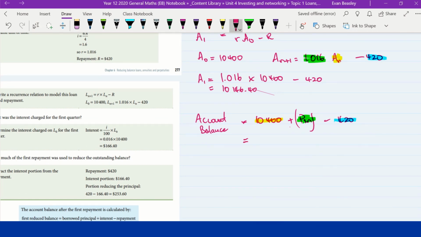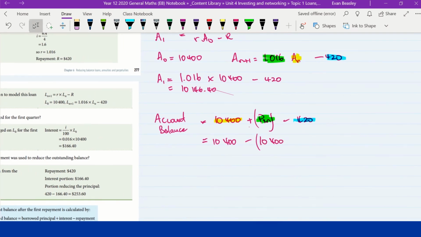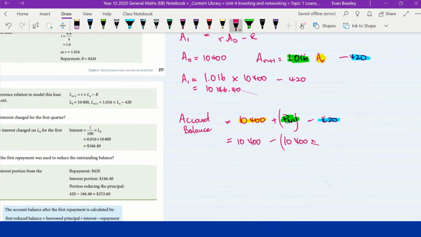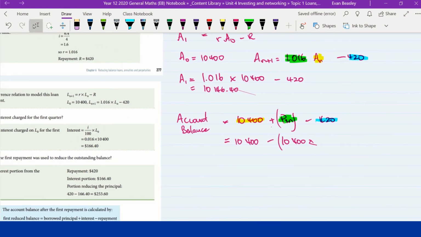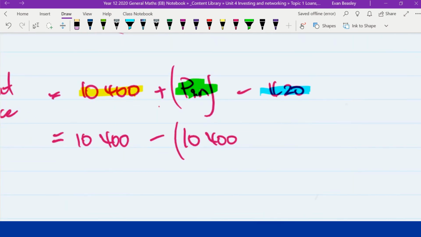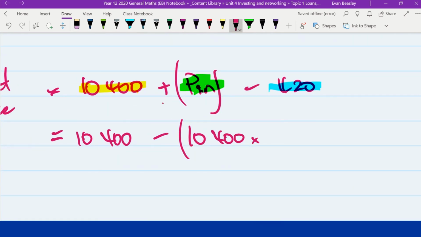So 10,400. Now PIN, well, it's just principal, 10,400, times the interest. Well, we worked out our interest back over here. It was just 1.016. So remember, it was 6.4% per year, and we want to turn it into a quarterly amount.